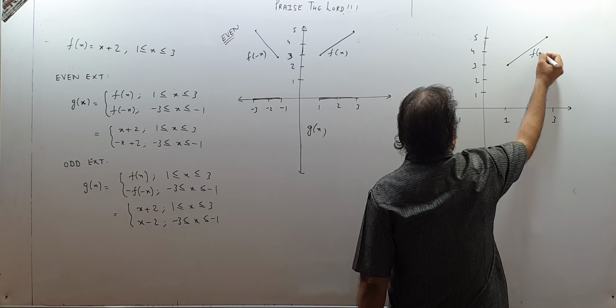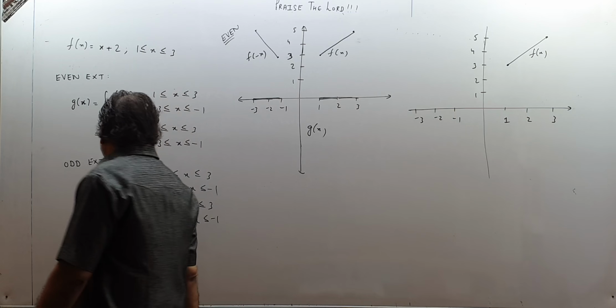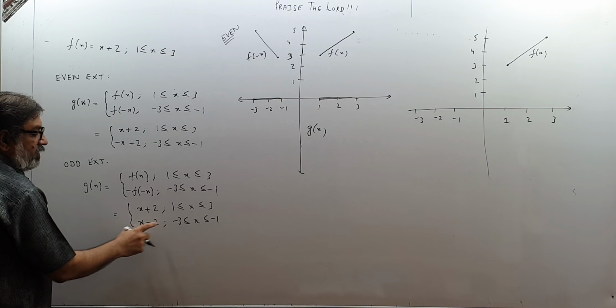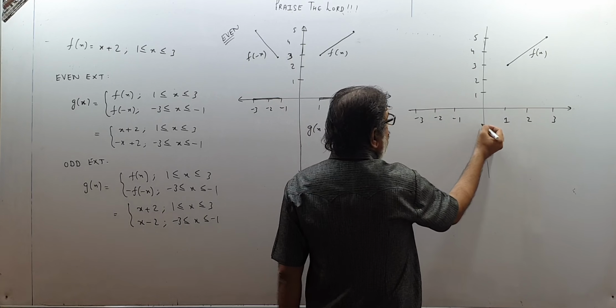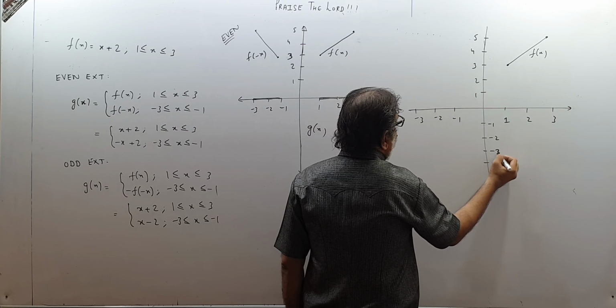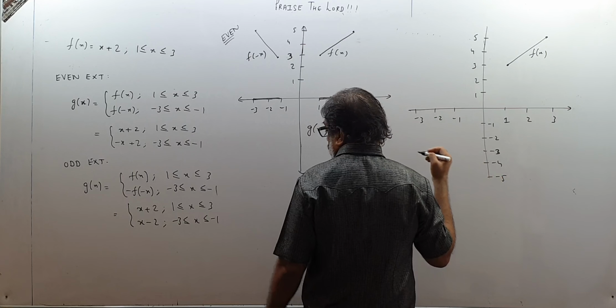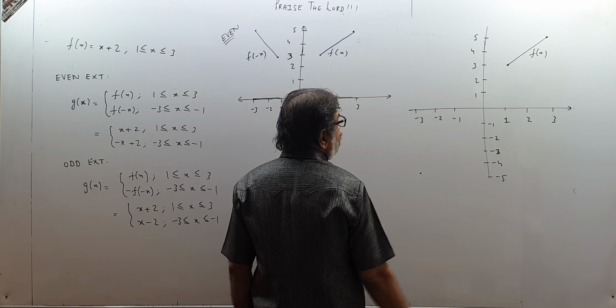This is the graph of f(x). Now I want the graph of minus f(x). Let us check. For minus 3 the answer will be minus 3, minus 2, minus 5. So minus 1, minus 2, minus 3, minus 4 and minus 5. So for minus 3 the answer is minus 5.